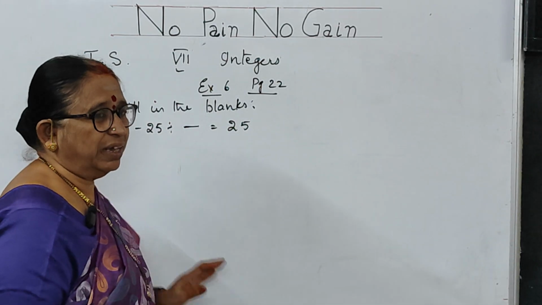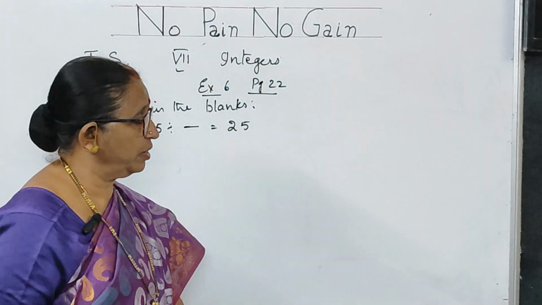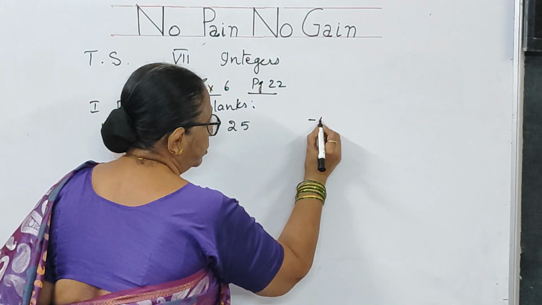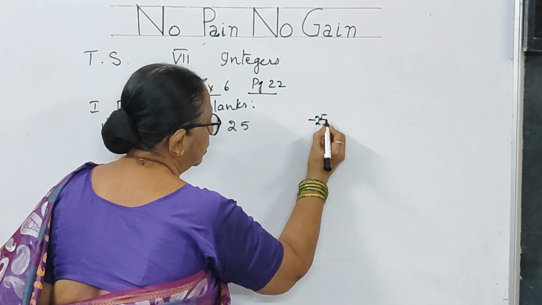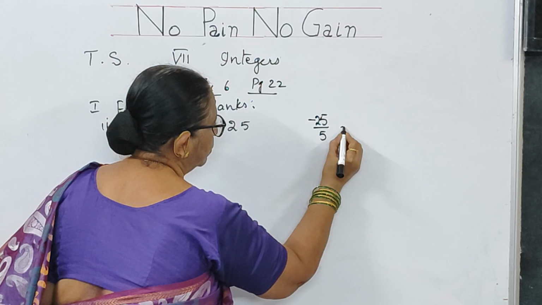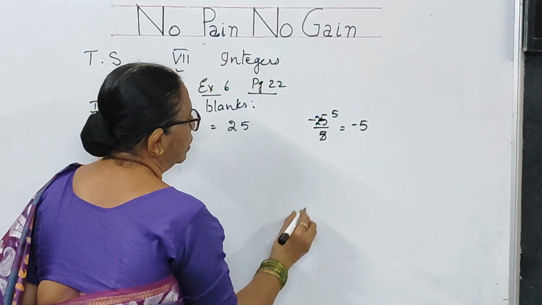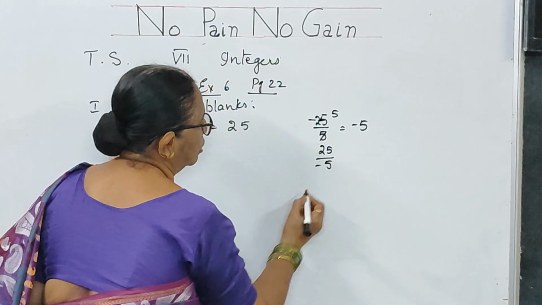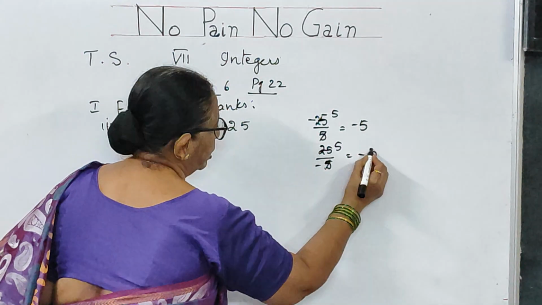Let us have a small recollection of the divisions which I have taught earlier, children. Suppose you have minus 25 divided by 5 in the numerator, the answer will be minus 5. Suppose you have the negative sign in the denominator, even then you are going to get minus 5.